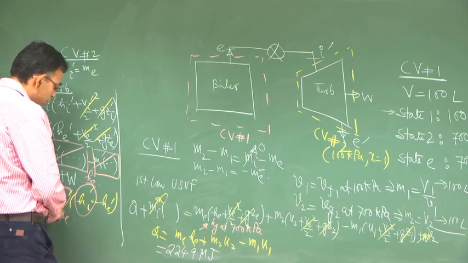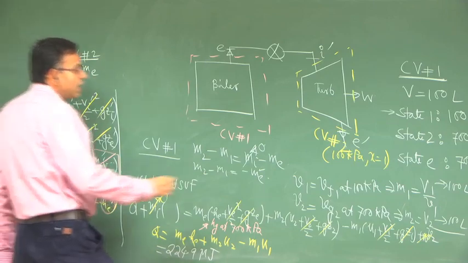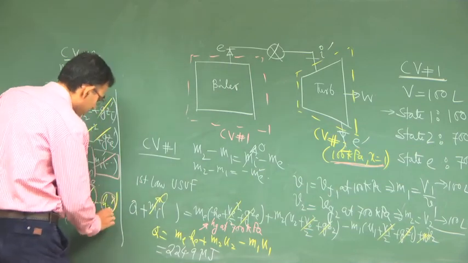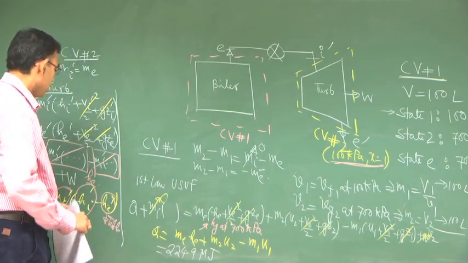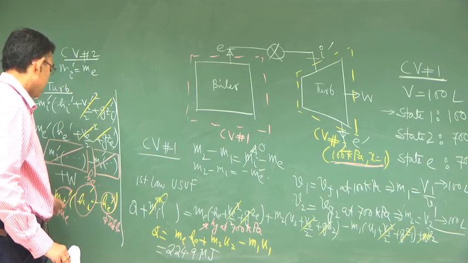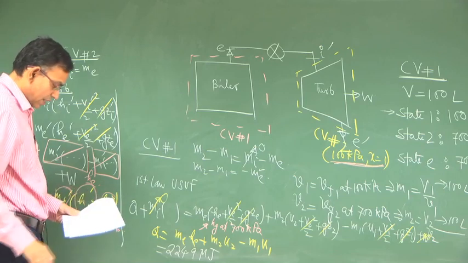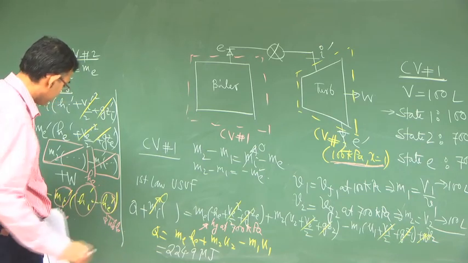If you know these two, and he prime you get from the table at 100 kPa, quality equal to 1, then you have all the data required to calculate the work done, and this is 8405 kilojoule.